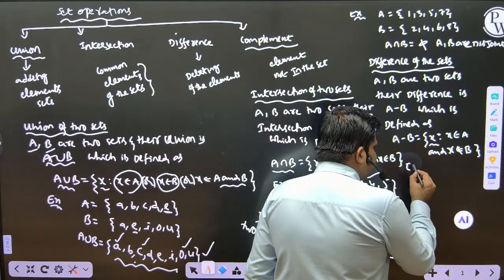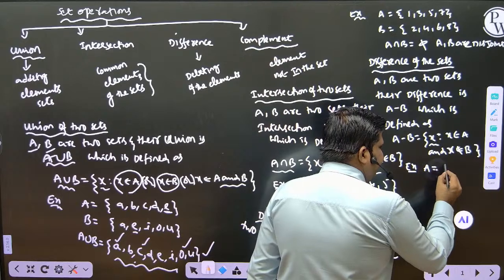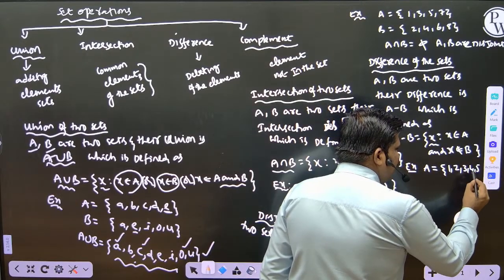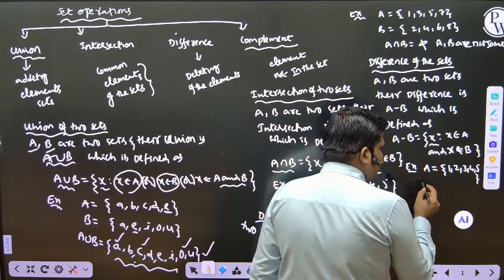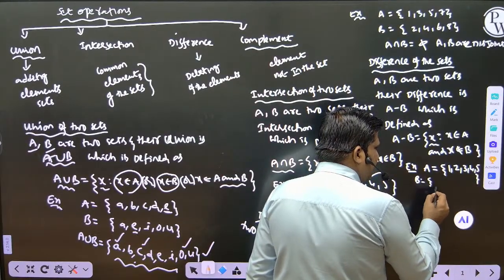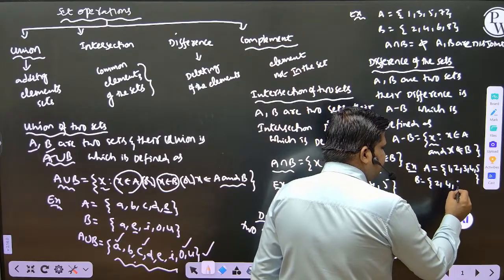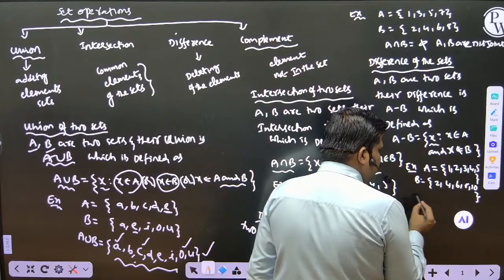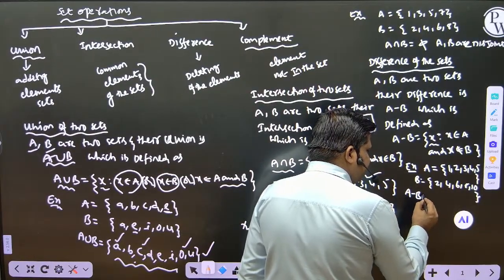For example, see here, A is {1, 2, 3, 4, 5}. B is {2, 4, 6, 8, 10}. So what is A minus B?